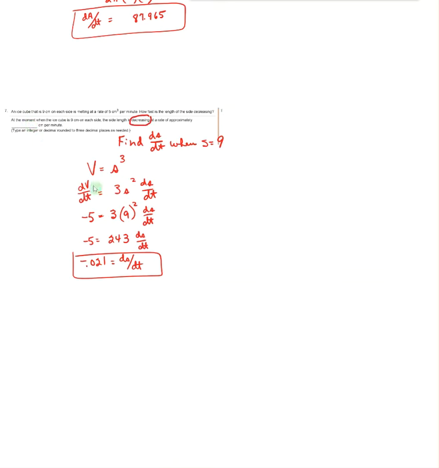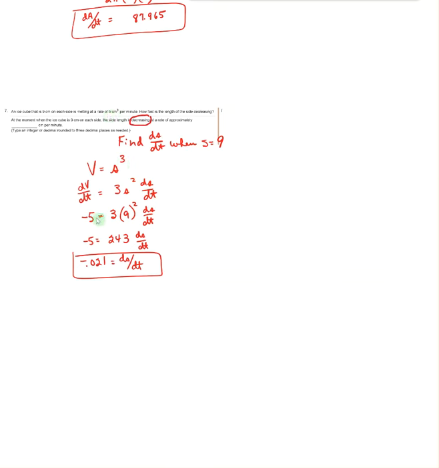So if you think that the volume of a cube is each side cubed, because they're all the same side. So if we say V is s cubed, we take the derivative, dV/dt equals, bring 3 to the front, 3s squared ds/dt. Now we're going to plug in. So dV/dt was given, that was 5.